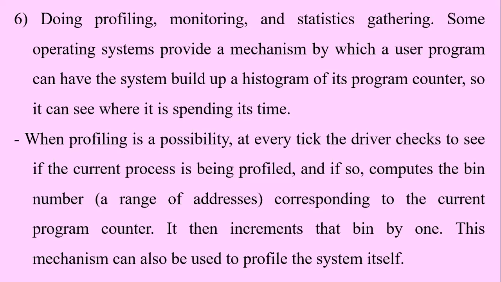When profiling is a possibility, at every tick the driver checks to see if the current process is being profiled, and if so, computes the bin number, that is, a range of addresses corresponding to the current program counter. It then increments that bin by 1. This mechanism can also be used to profile the system itself.